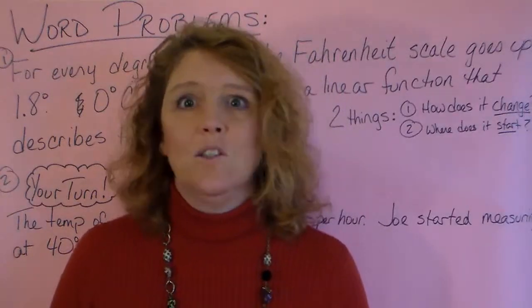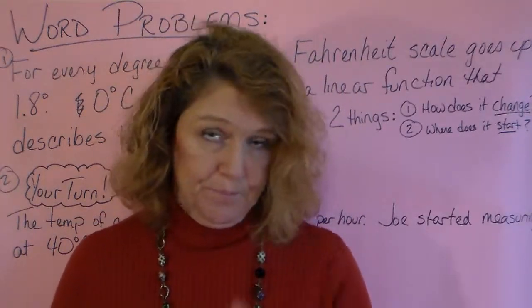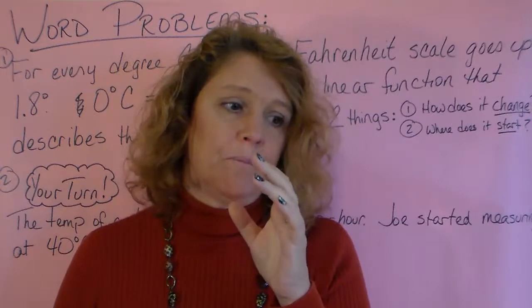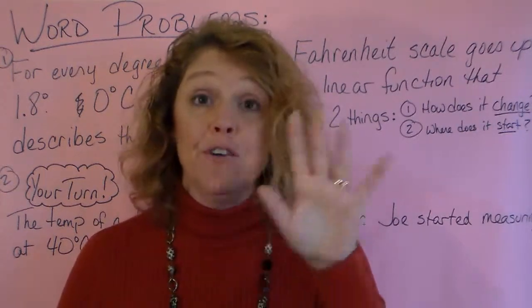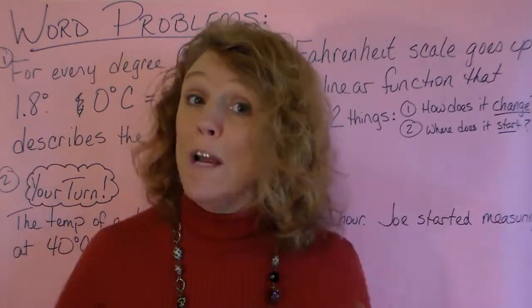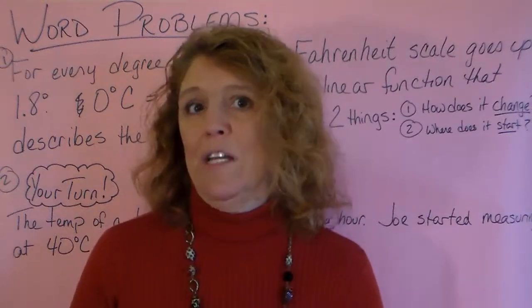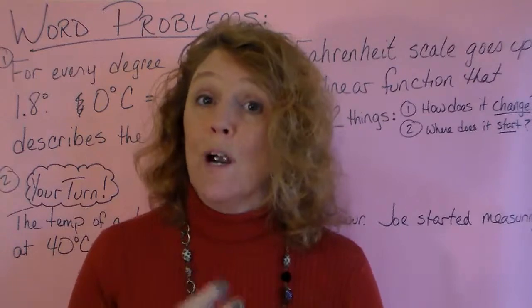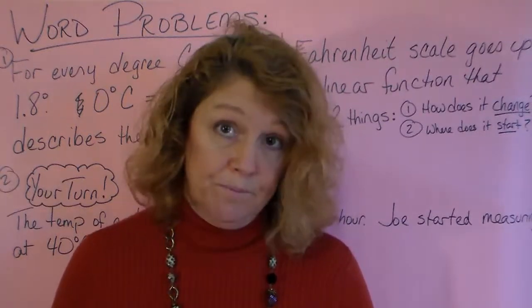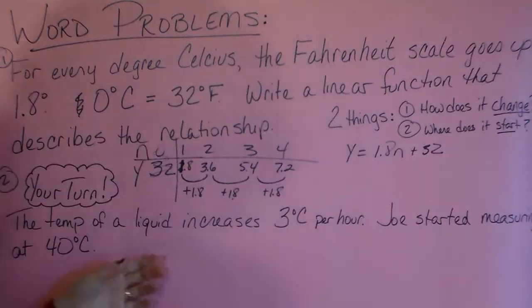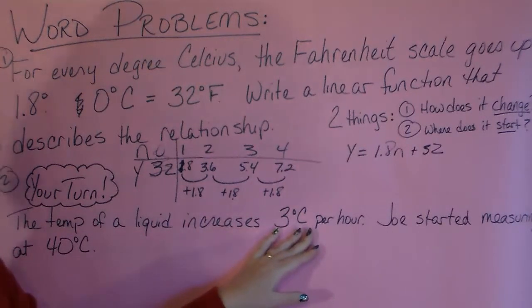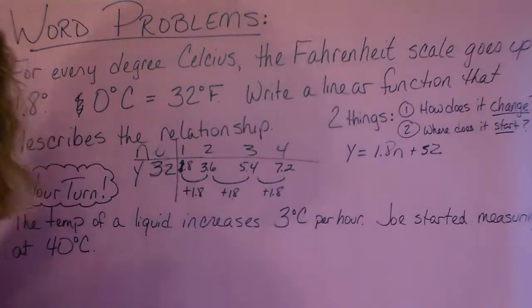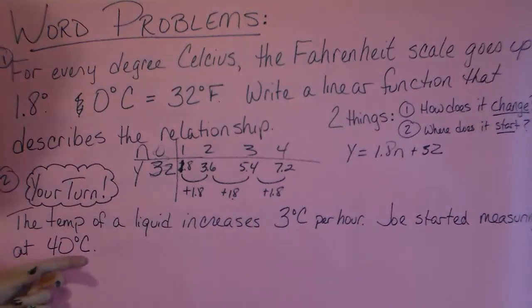Now, what does this look like in a word problem? The word problem is going to walk us through. There's going to be a change, a regular change, and we have to find that regular change and be able to write that down as a rule. So, your turn. The temperature of a liquid increases 3 degrees Celsius per hour. Joe started measuring at 40 degrees Celsius.